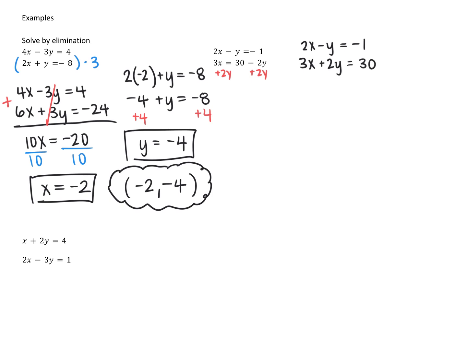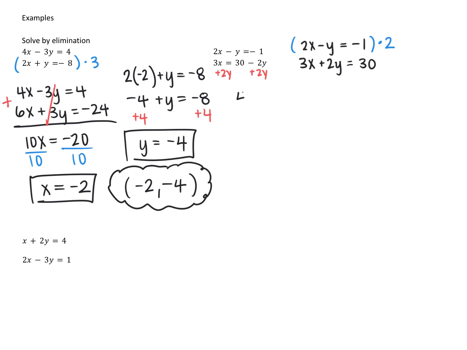So in this case, I'm not going to try to eliminate x because in order to make 2 and 3 the same number, I'd have to multiply both equations. And I try to avoid multiplying both equations if possible. My y's already opposite signs and one of them is a 1y, so I can easily make that first equation have a 2y by multiplying everything by 2.